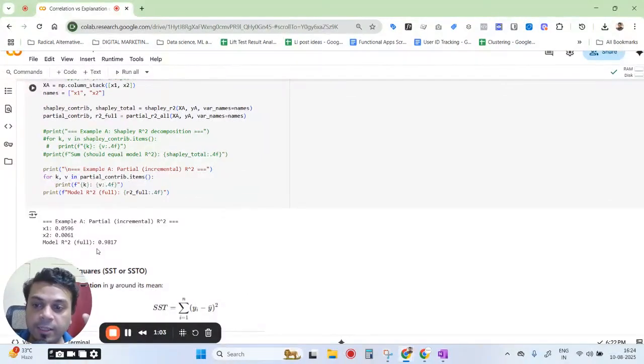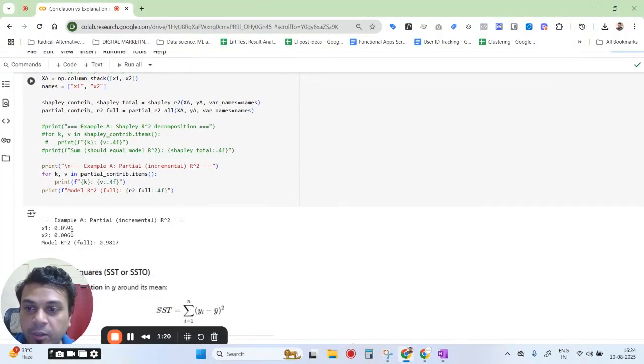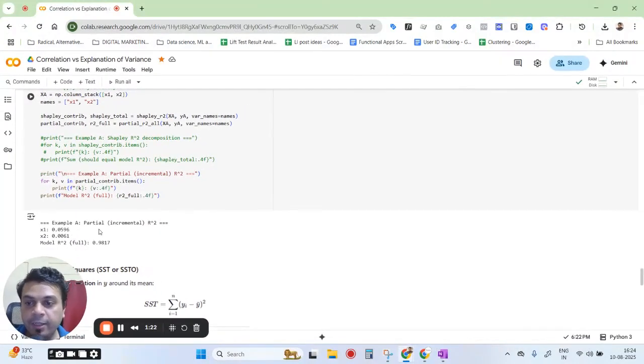Particularly in this case, because one of the variables is already explaining on behalf of the other variable the contribution towards the overall model R squared, if that makes sense, because both of these variables are highly correlated, right? So you have one of these which has a much lower incremental or partial R squared. This is what I was saying, by partial or incremental.